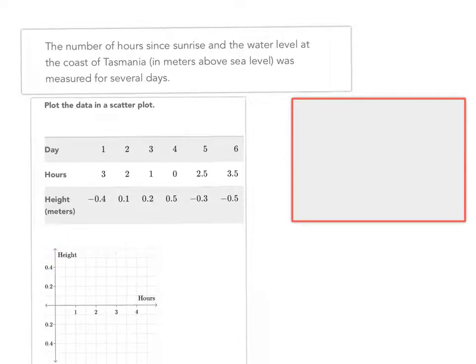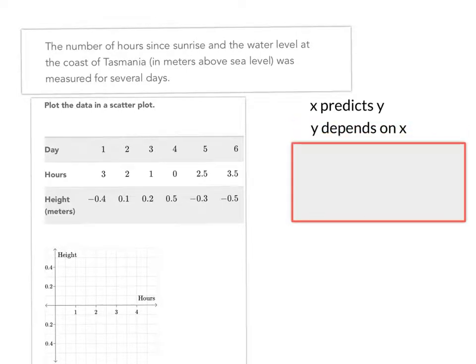In statistics, we like to say that X predicts Y, or Y depends on X. That's really how you learned it in Algebra 1. Y depends on X. But in statistics, we're interested in which one is the predictor and which one is the response, right? So we'd like to say X predicts Y, but either statement is correct.